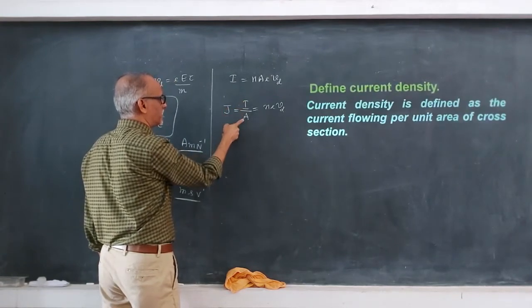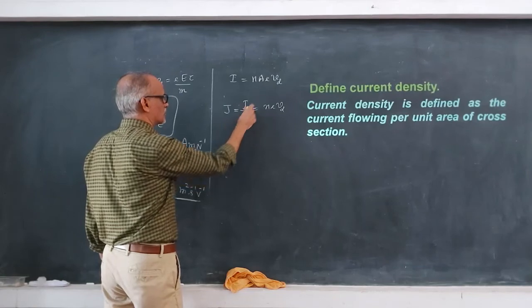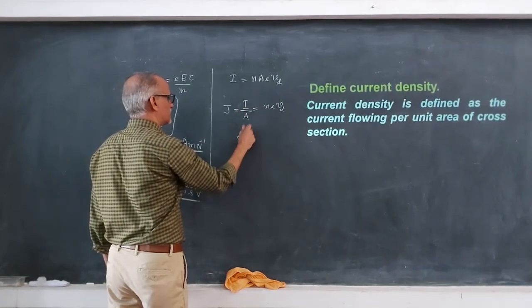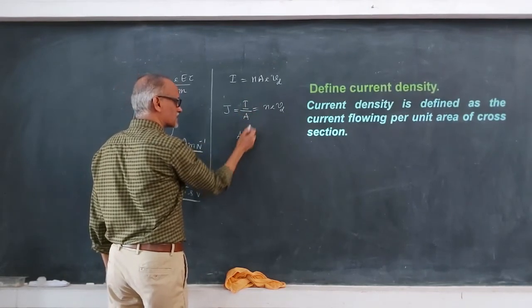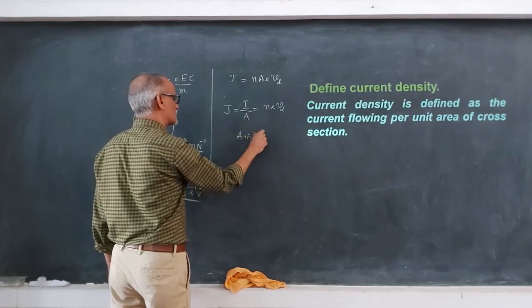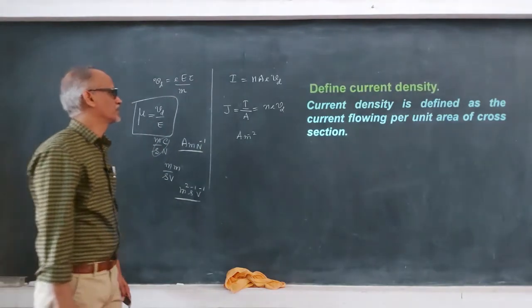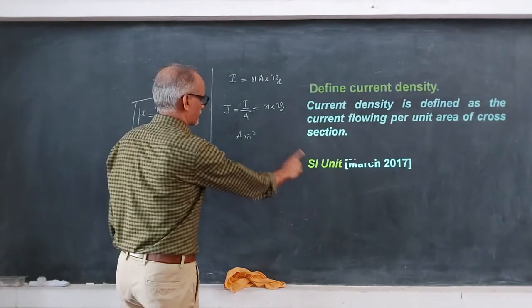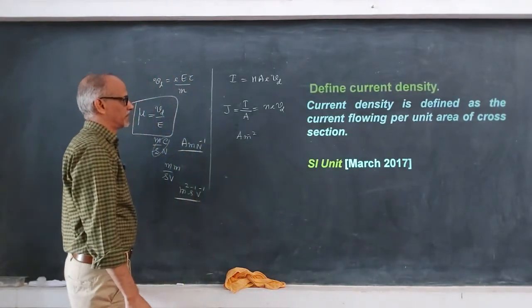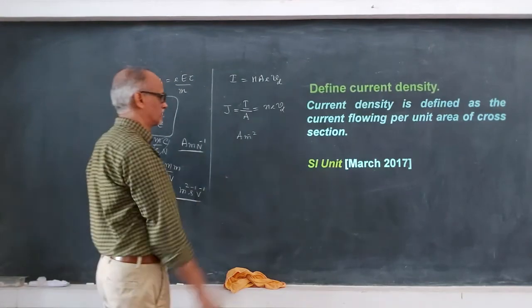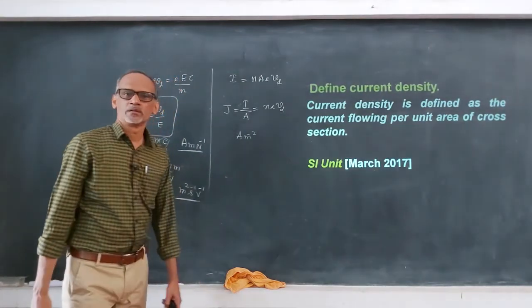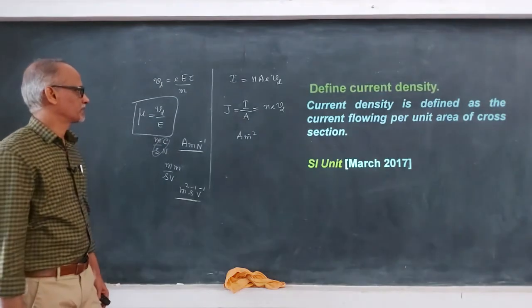Current is measured in ampere, area is measured in meter square, and that goes to the denominator. So, that's why ampere per meter square is the SI unit of current density. So, again one more question from the exam. Clear?